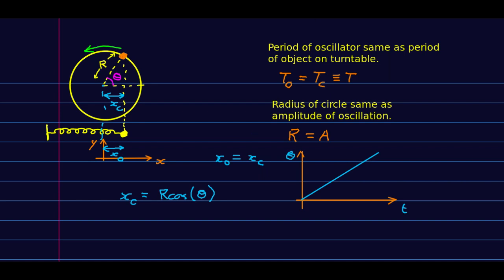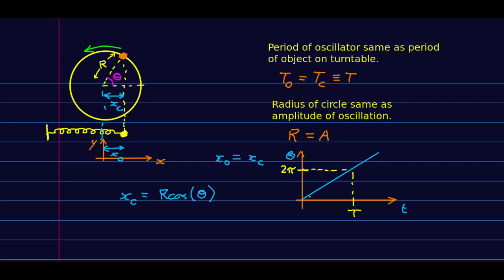And now look what that tells us. In a time equal to the period, this goes around a full circle. Now, it's tempting to write 360 degrees here, but it's actually more convenient to work in radians. And hopefully you know that a full circle is 2 pi radians.